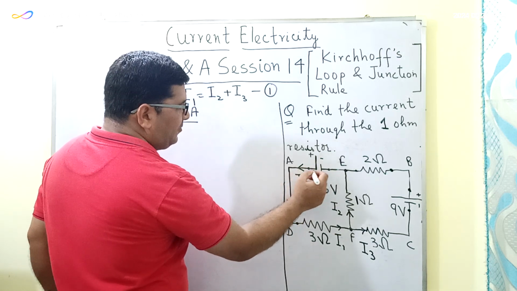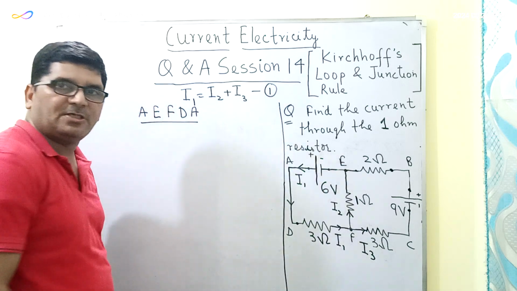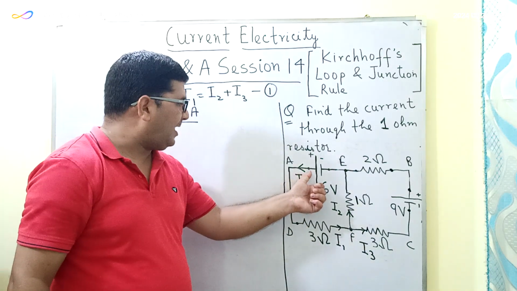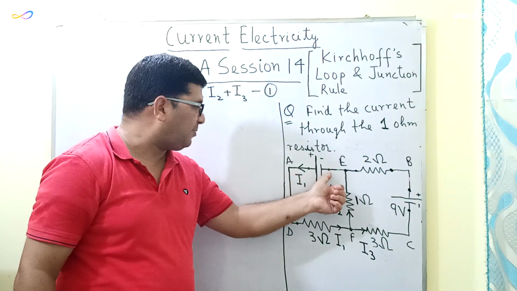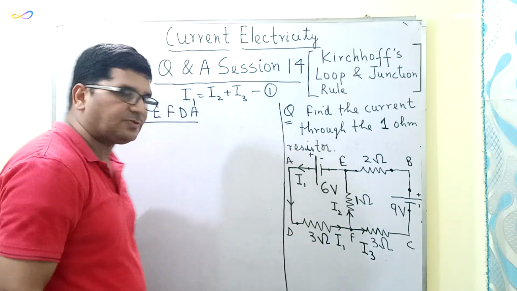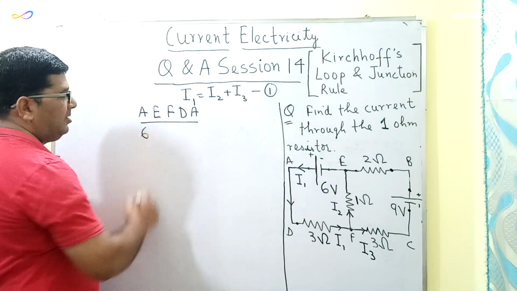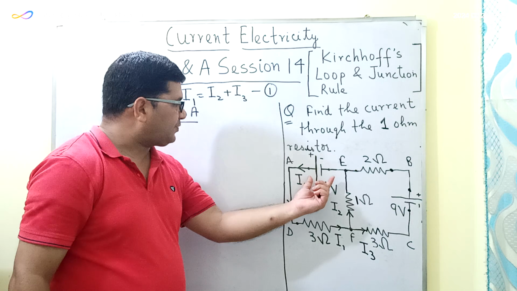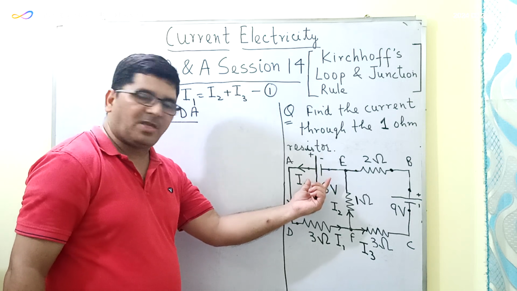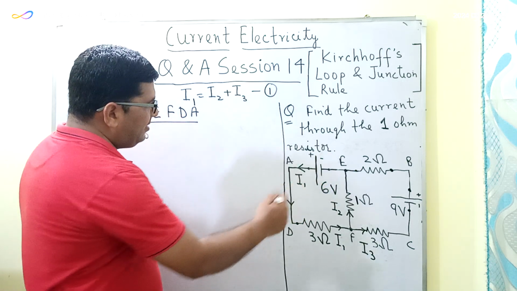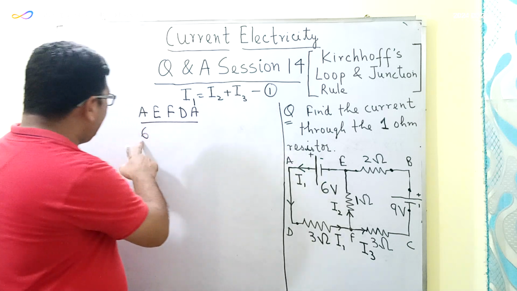These are the 2 points across this EMF source. So this will be at a higher potential and this will be at a lower potential. So the potential difference across this EMF source will be positive, and so I have written it as 6.